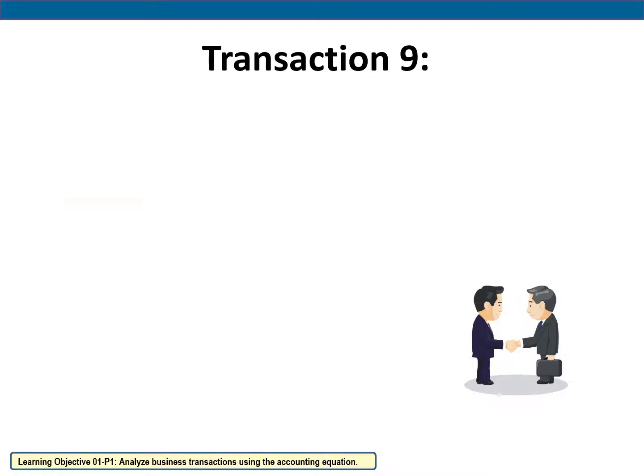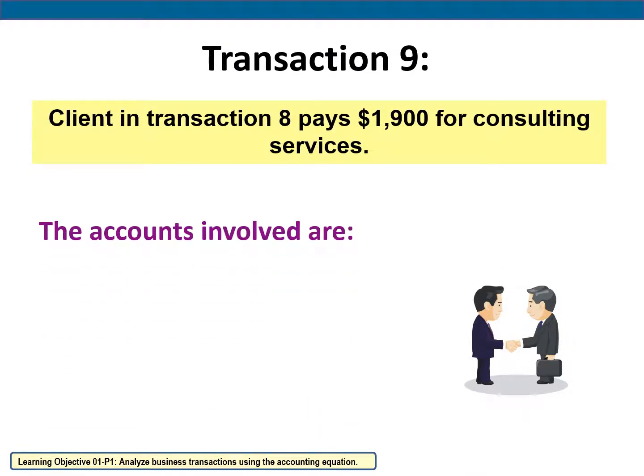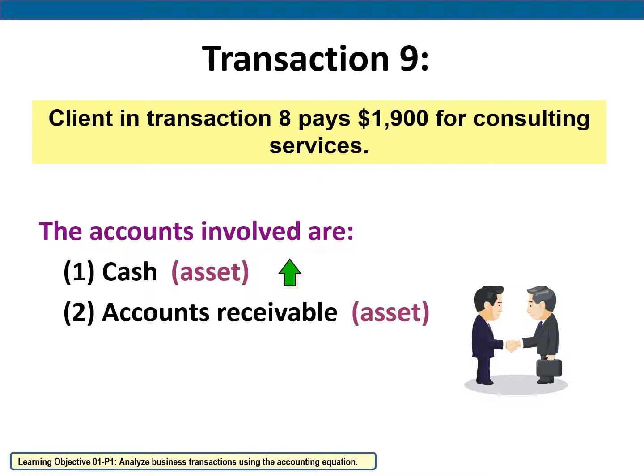So in transaction number 9, the client in transaction 8 paid us for that $1,900 of consulting services and rent. So the accounts that are involved is our cash is going to go up. We're collecting cash from our customer, and our account receivable balance is going to go down because they no longer owe us. They've paid us.